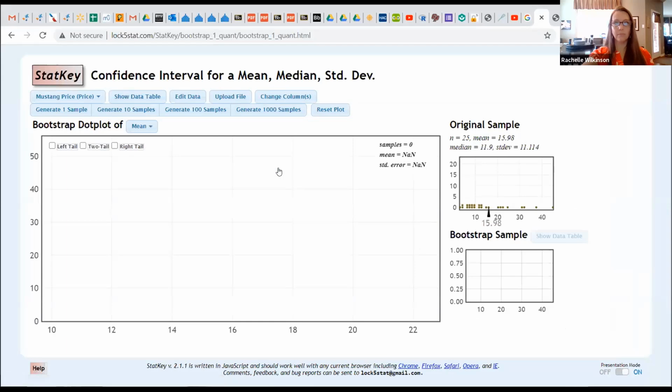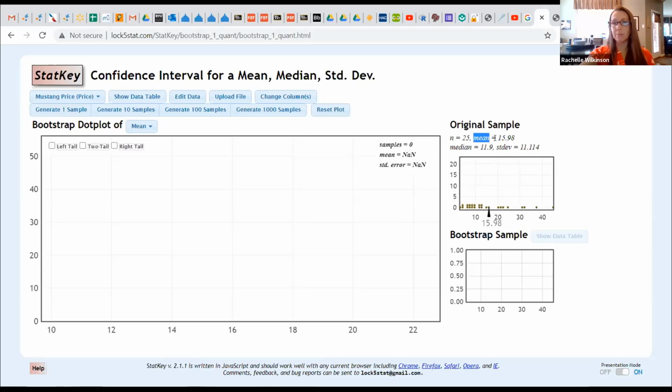If you want to do this along with me, you're welcome to. I'm going to give you a practice problem to work on in just a second, so you'll get a chance to try it on your own if you don't do it now as well. Once I'm in here, notice in the upper right-hand corner I have all the information on the original sample. This is my random sample from the population.